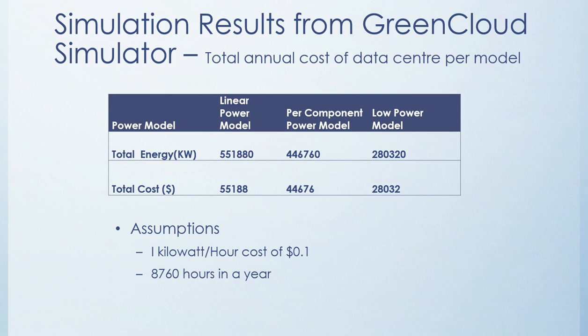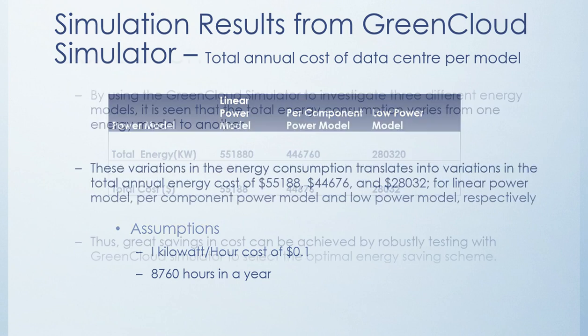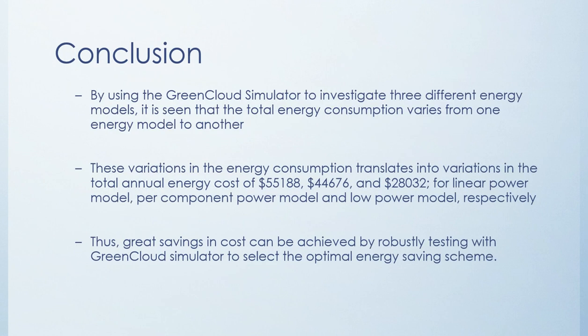The variation in the cost here is very significant, and this leads us to the conclusion that by using the GreenCloud simulator to investigate different energy models or energy saving schemes, we can observe variations in the total energy consumed by these different schemes, and that these variations can easily translate to the cost of running the data center per year.